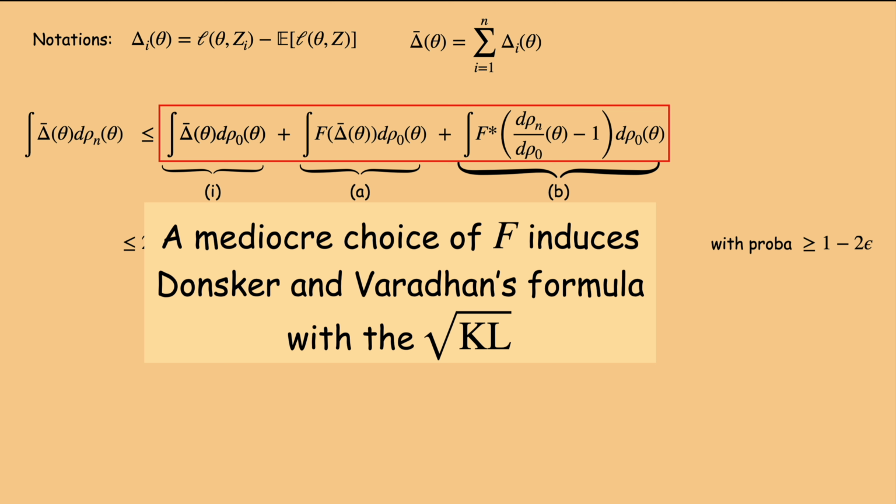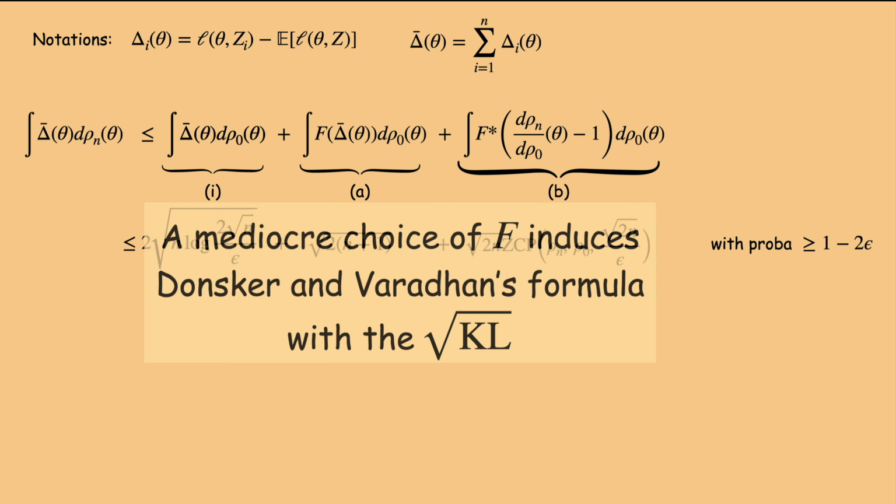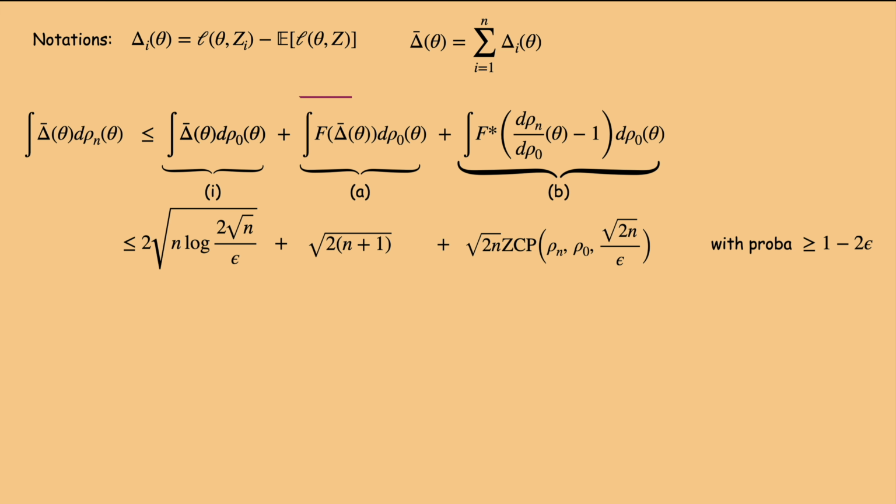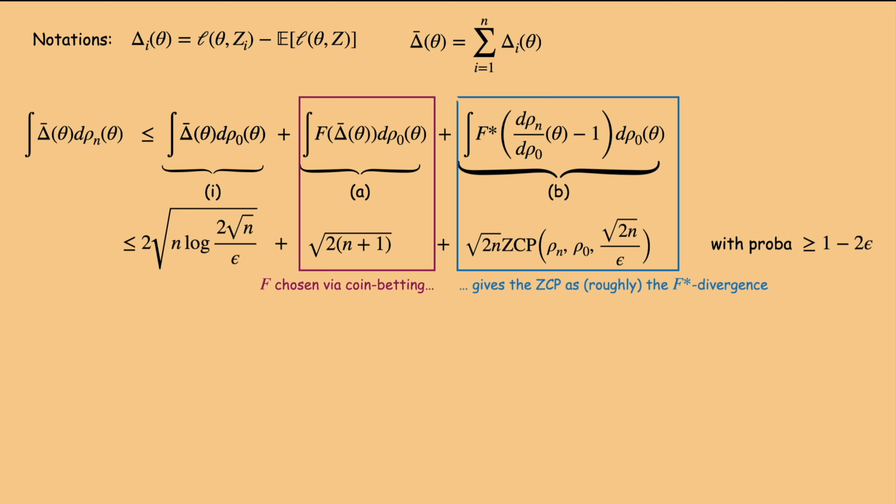So the choice of a good f is crucial, taking us to the second key of the proof, the coin betting. Now, the coin betting offers us the function f of x equal to exponential x squared divided by 4n as a good approximation of the wealth of the best fixed constant predictor, and the convex conjugate of that f yields the ZCP divergence.